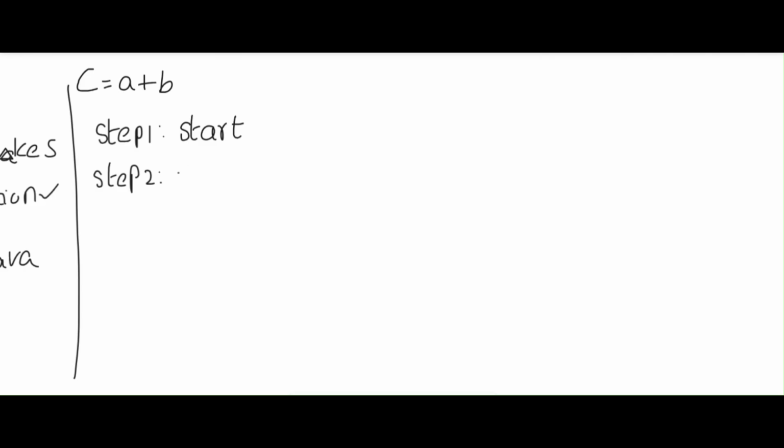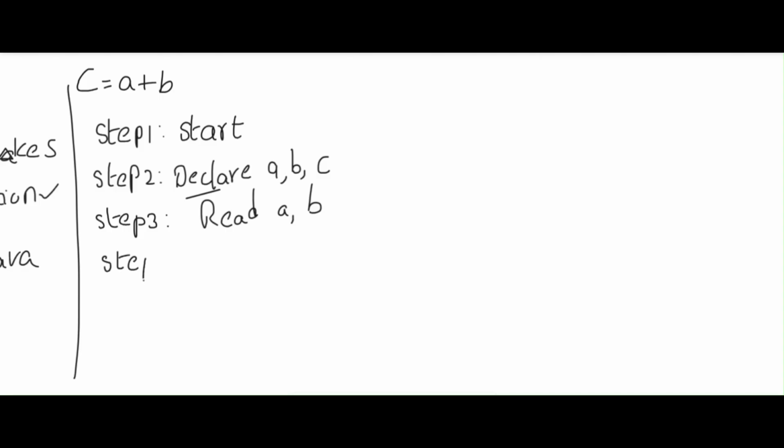Step 2 is to declare three variables: A, B, C. I'll explain this declaration of variables deeply when we come to the actual programming language. Let's not bother about that step now. The next step is, through the keyboard you need to read the values of A and B. In order to add A and B, you first need to accept the values.